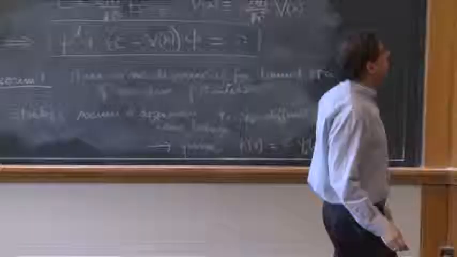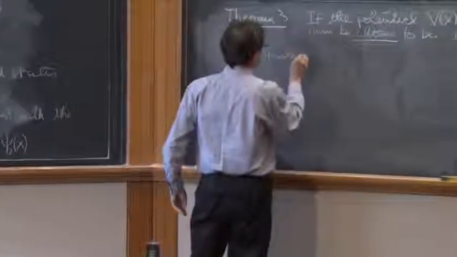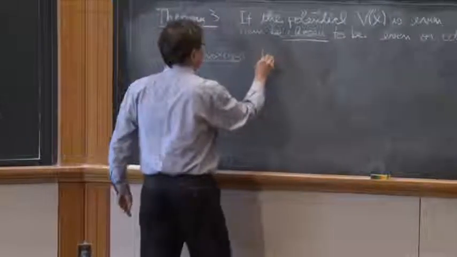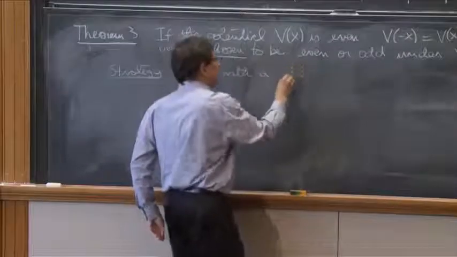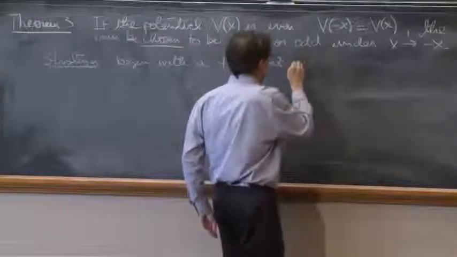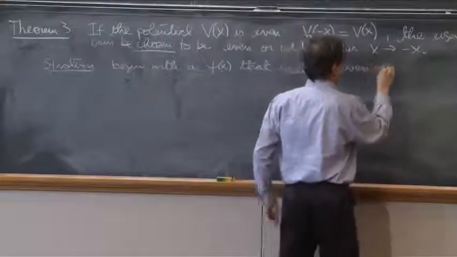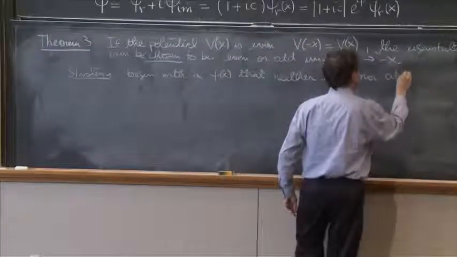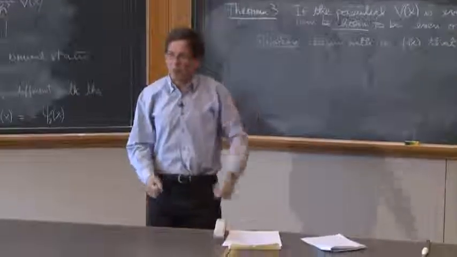So how does the proof go? Strategy. Begin with a wave function, psi of x, that is neither even nor odd. And then you do a little work with the Schrodinger equation.